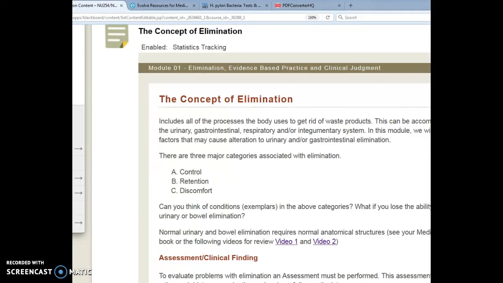Calcium is probably the most common substance found in kidney stones. So maybe someone was just taking a lot of supplements and a lot of calcium, and unfortunately things like this happened. In regards to cystitis or E. coli, I did read in your PowerPoints that 90% of those with a UTI, unfortunately, it comes from E. coli.